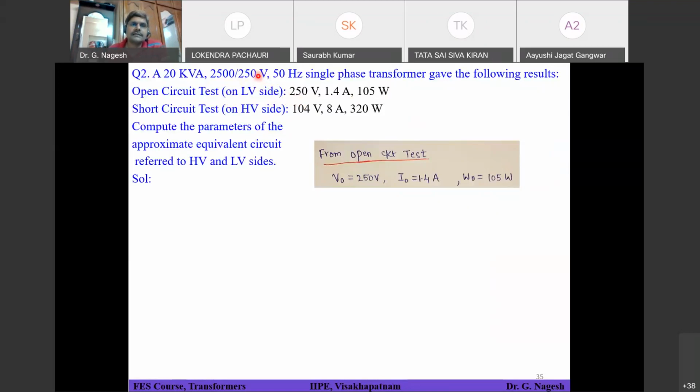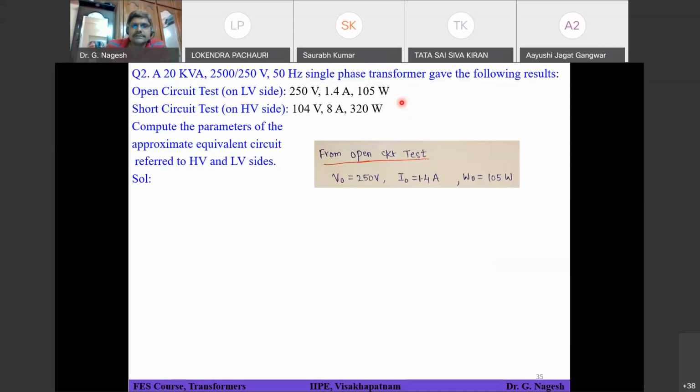So obviously the rated voltage they should apply. So the rated voltage is 230 volts. That means your voltmeter reading is 230 volts. In that scenario, the ammeter reading is 1.4 amperes and the wattmeter reading is 105 watts. That's what they have given. So the readings of voltmeter, ammeter and wattmeter for the open circuit test are given.